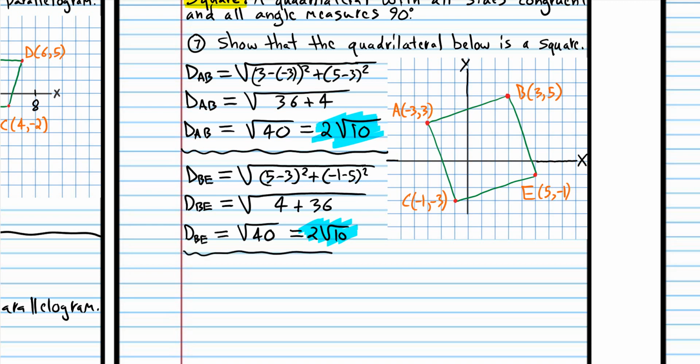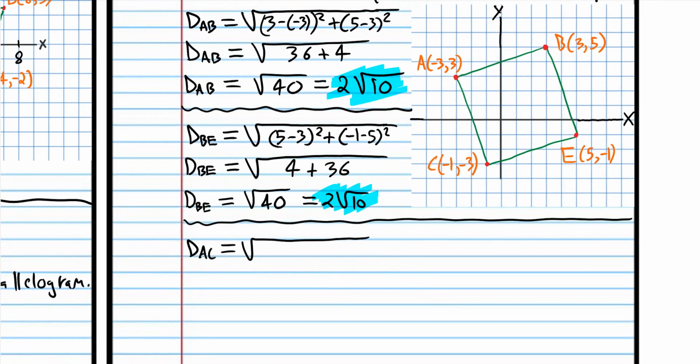So we have 2 more sides to find the lengths of. So we're going to find the length between points A and C. Using A as point 1, we have negative 1 minus negative 3 squared, and negative 3 minus 3 squared.